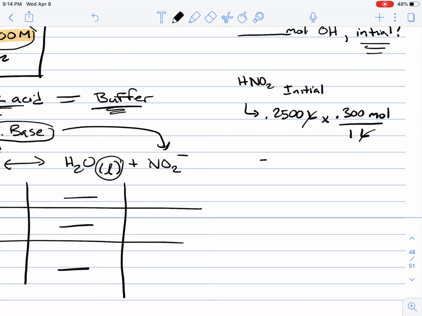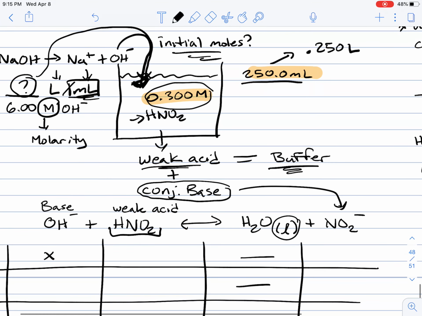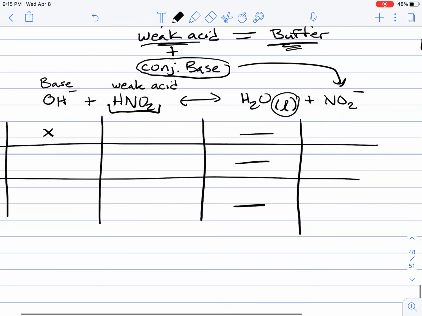Those units will cancel out, and the initial moles I'll get for HNO2 is 7.50 times 10 to the negative 3 moles. By multiplying these two values, I make sure the units are correctly expressed, and I can determine the initial moles of my weak acid.